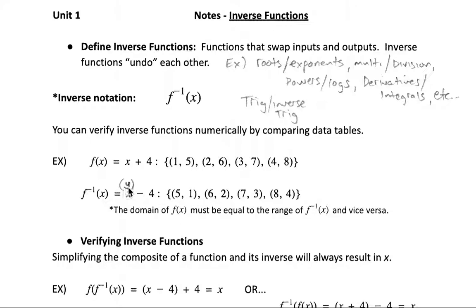So what we have to instead do is remember that even though it's an input variable being used to symbolize our input spot, really what we're plugging in is the output of our original function. So if we go ahead and plug the 5 in, 5 minus 4 is 1, and so now we can see that inverse relationship happening. So I'll try and continue to emphasize that throughout the video here.